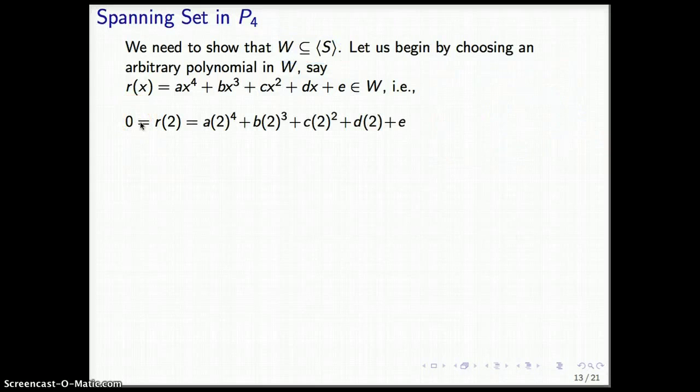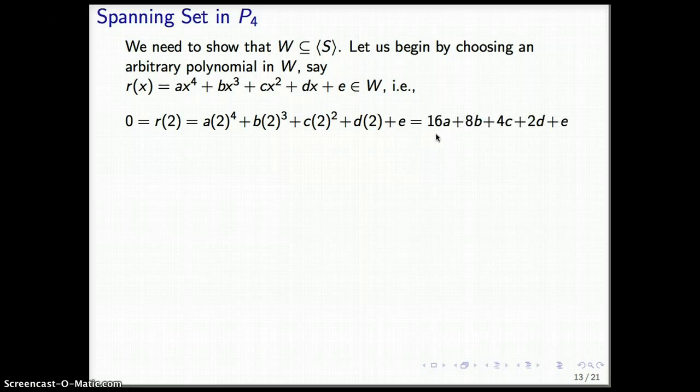So, while evaluating at 2, we're going to get an expression here that involves A, B, C, D, and E. Okay, and that expression looks like 16A plus 8B plus 4C plus 2D plus E. And that equals 0.